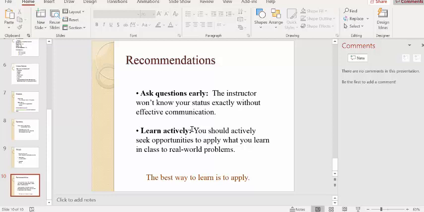For example, find opportunities to apply what you have learned in class to real world problems. That way it will help you learn the concepts and materials better, because I think the best way to learn everything is to apply it and see how things work. Of course, you are also welcome to discuss with me any practical question you might have about how to apply some of the techniques to your personal problem. That can also help you digest the topics and material in the course.